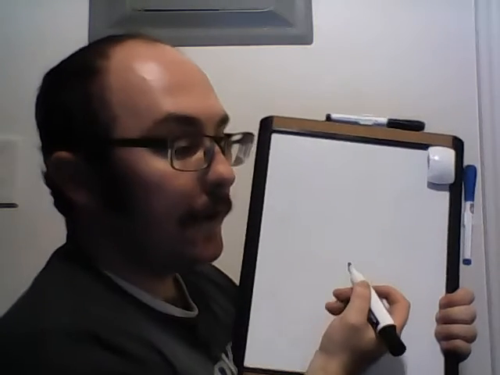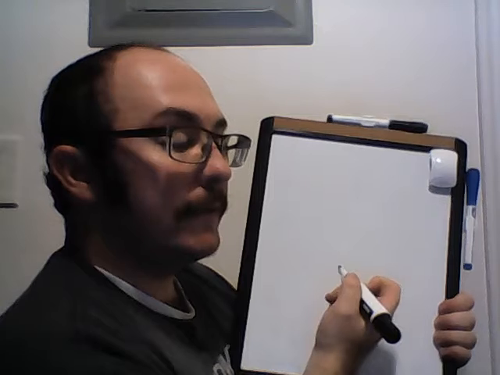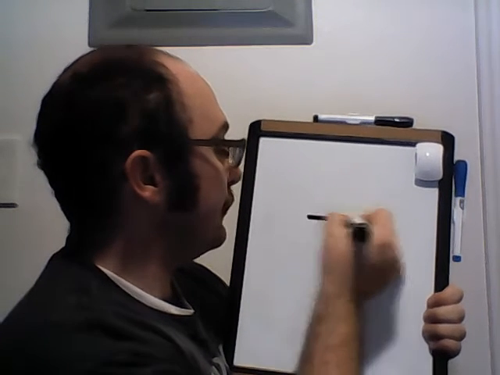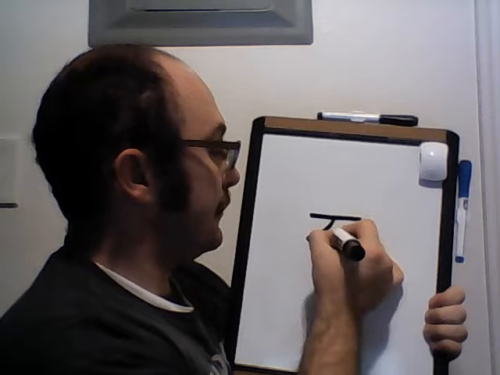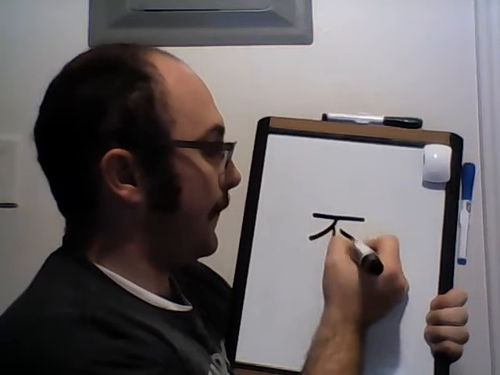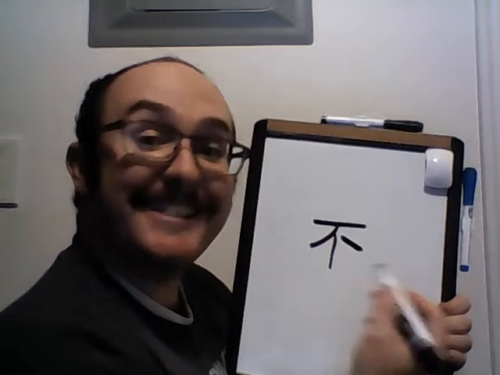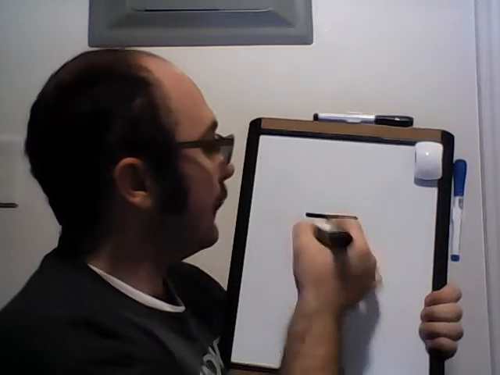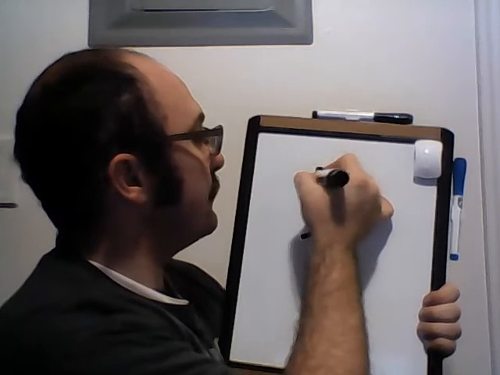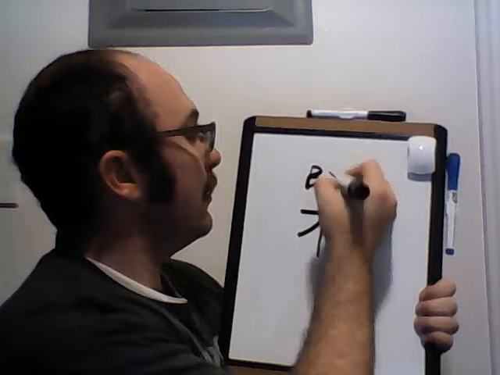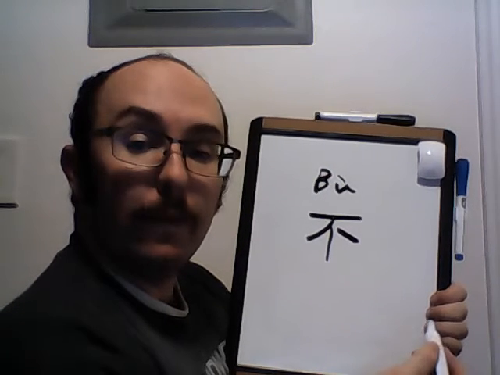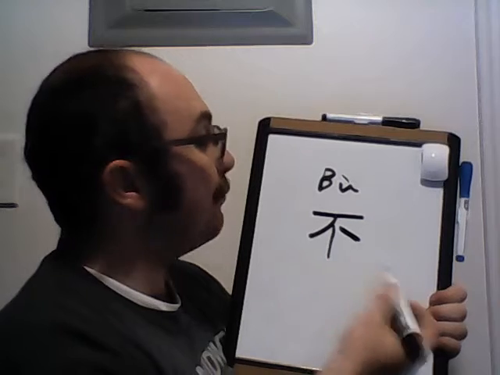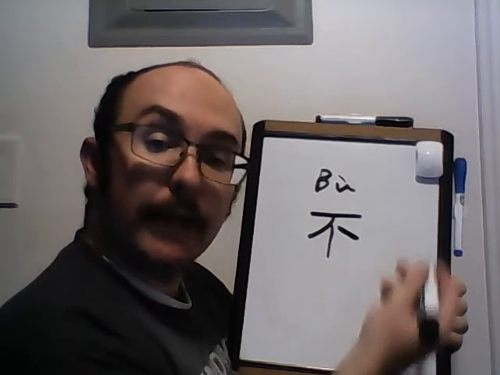Right, and then the final adverb we're going to go over really quick is the negation adverb, or it negates what are called stative verbs, or to be verbs. And it's pronounced bu, except for in the special rules discussed in the tones video. So bu means no, not, etc.